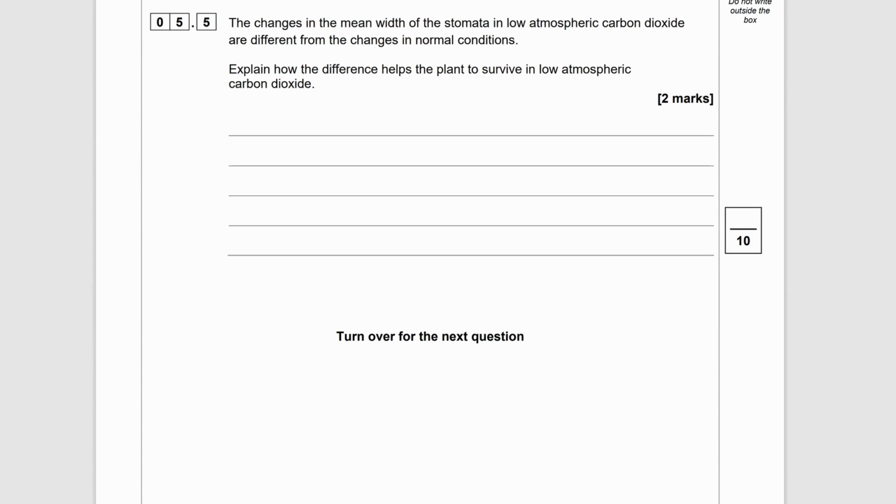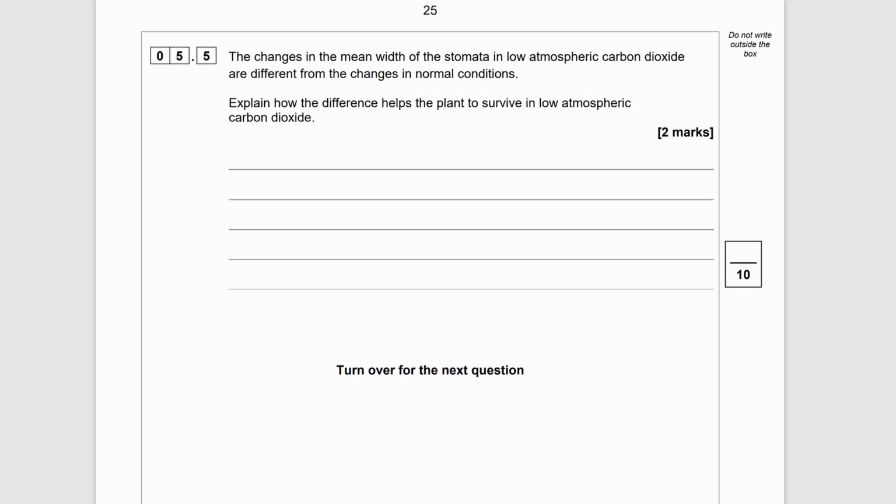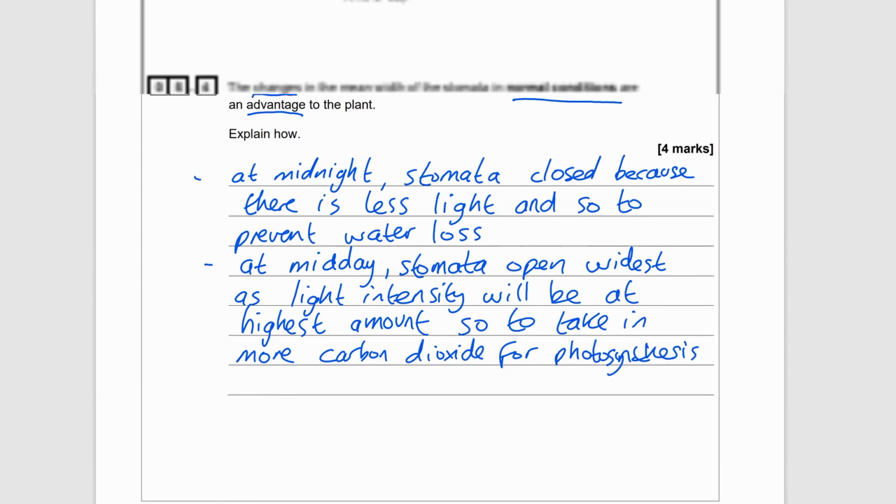5.5, the changes in the mean width of the stomata in the low atmospheric carbon dioxide are different from the changes in normal conditions. Explain how the difference helps the plant to survive in low atmospheric carbon dioxide.